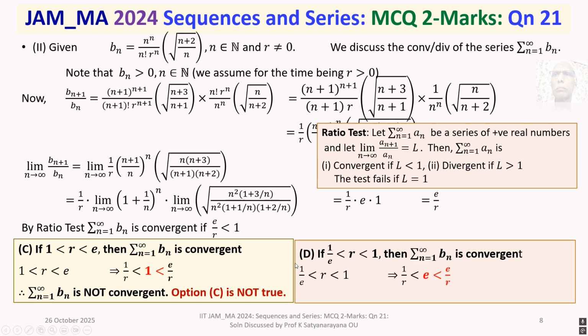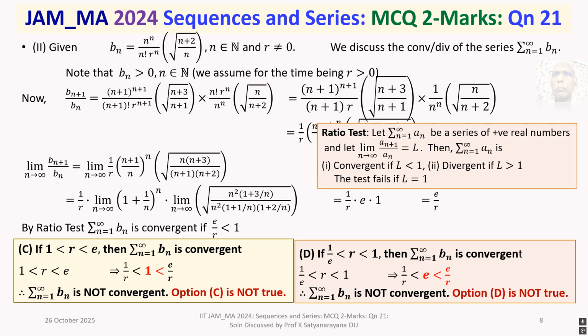Now, 1 by e less than r less than 1, and you divide throughout by r, no problems. r is not 0. 1 by r, you multiply by e and divide by r. Inequality will not get disturbed, no problems. 1 by r less than e by r. So that means e less than e by r. That means e by r is greater than e, where e greater than 1. So e by r is greater than 1. Therefore, by ratio test, it is divergent. And option D is not true.